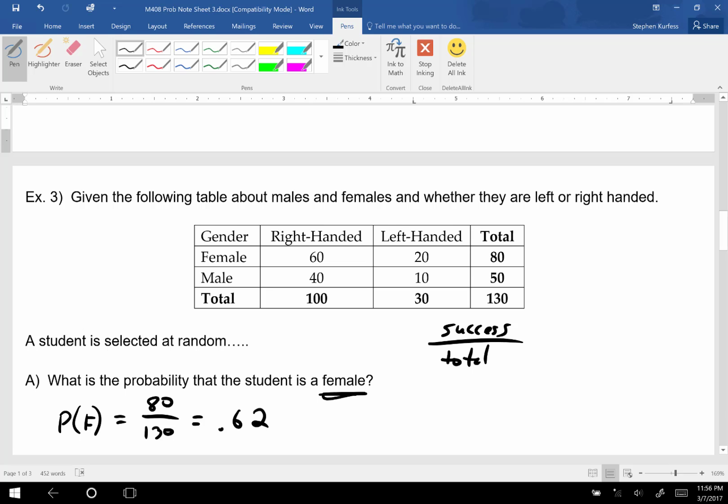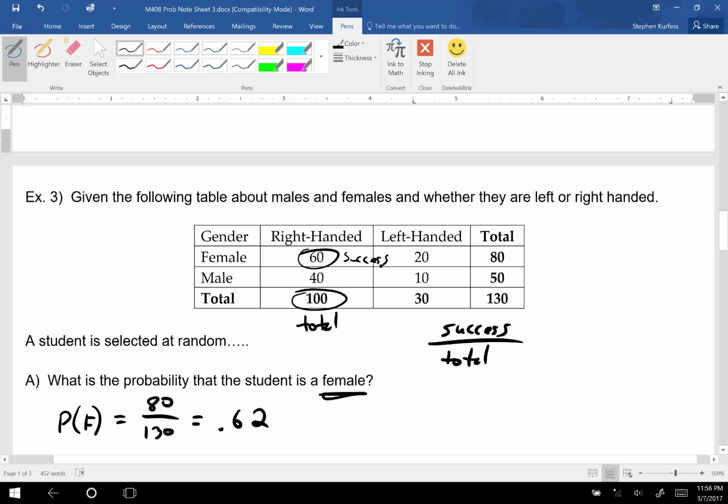So the probability that the student is female, given that the student's right-handed. So first of all, you know the student's right-handed. Okay, and so if the student is right-handed, there are 100 students that are right-handed. So what is the probability that that student is female? You know they're right-handed, so there are only 100 students to pick from. So this is basically my total. And my success is, again, being female, so my success is 60.